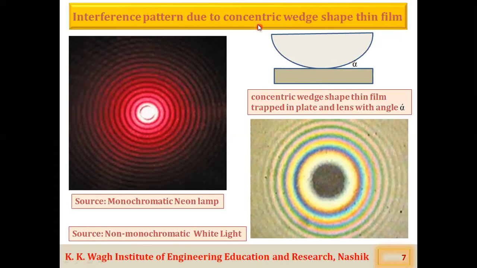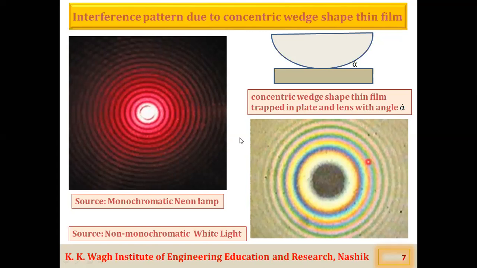In a concentric wedge-shaped thin film, instead of alternate dark and bright belts, we observe alternate dark and bright rings as the interference pattern. If you change the source of light, and the source is a neon lamp, then red bright rings are observed. If the source is a non-monochromatic white light source, then we observe multicolor.